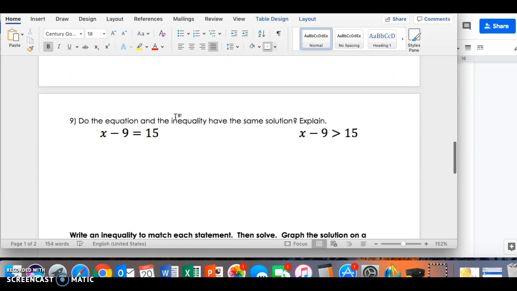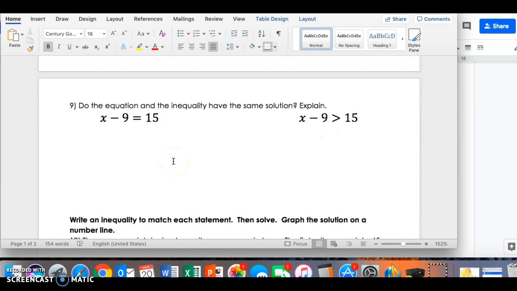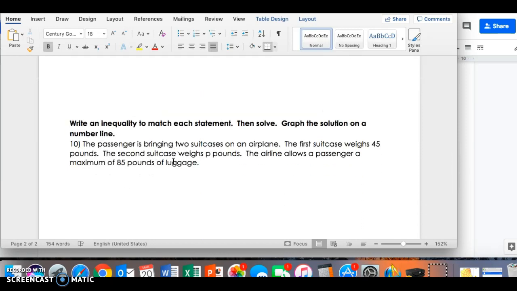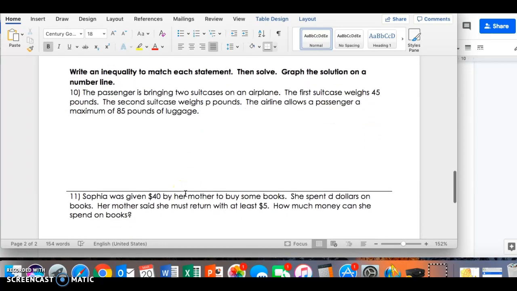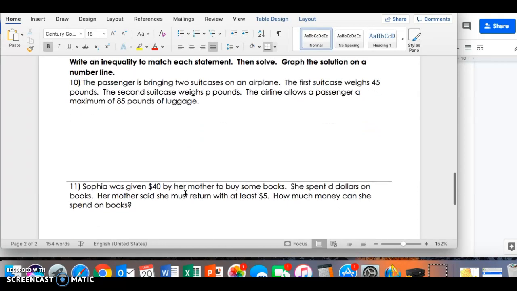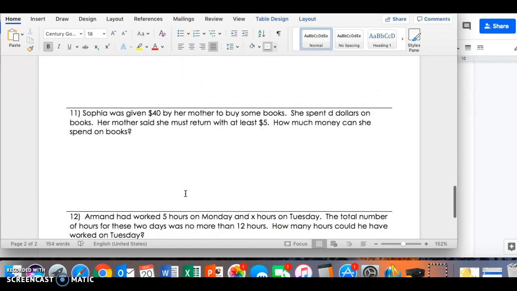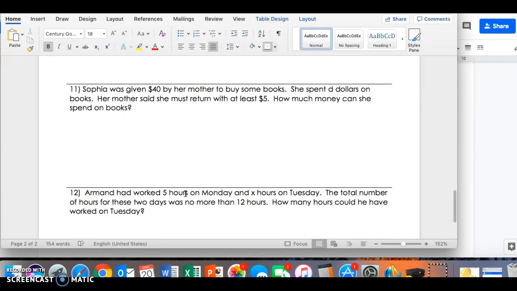And then 9, 10, 11, and 12, they're really explaining their answers and making sure that I can understand if they know the answer and the background of the answer. There's 10, 11, and 12.